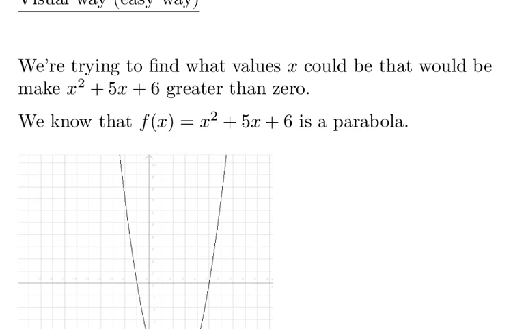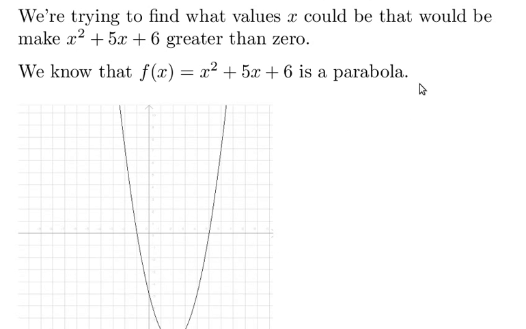So we're looking for the places where the parabola is greater than 0. We're looking for the places where this is greater than 0. So this, for all intents and purposes, is y. So where on the parabola is this going to be greater than 0? Well, we can see it's greater than 0 over here. We can see it's greater than 0 over here. So what are the x values for this? Well, it's going to be greater than 0 any place that's not between the x-intercepts.